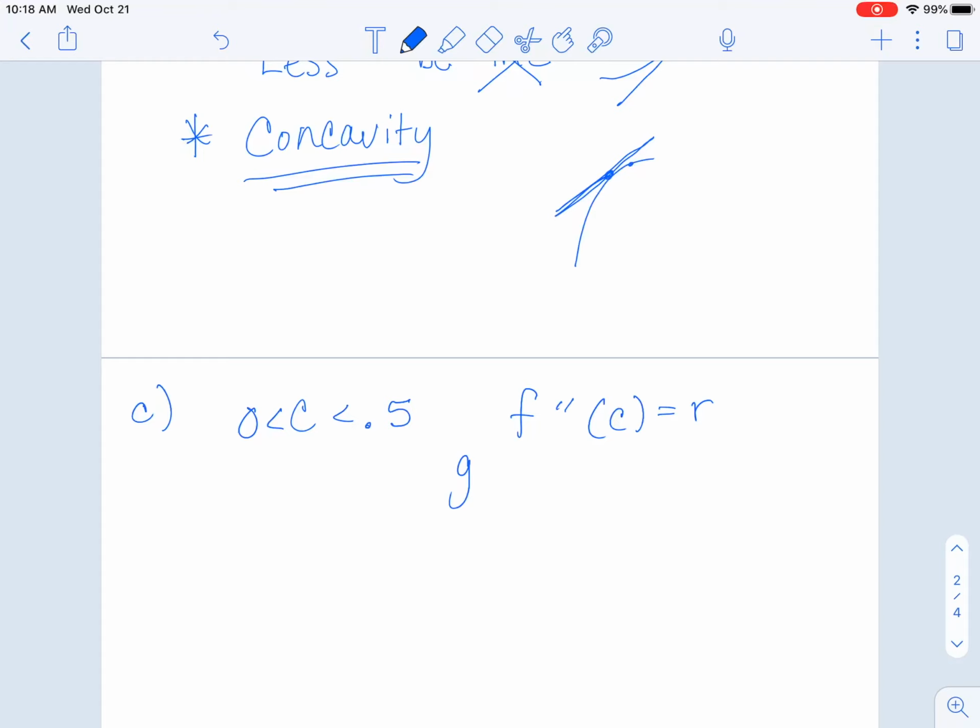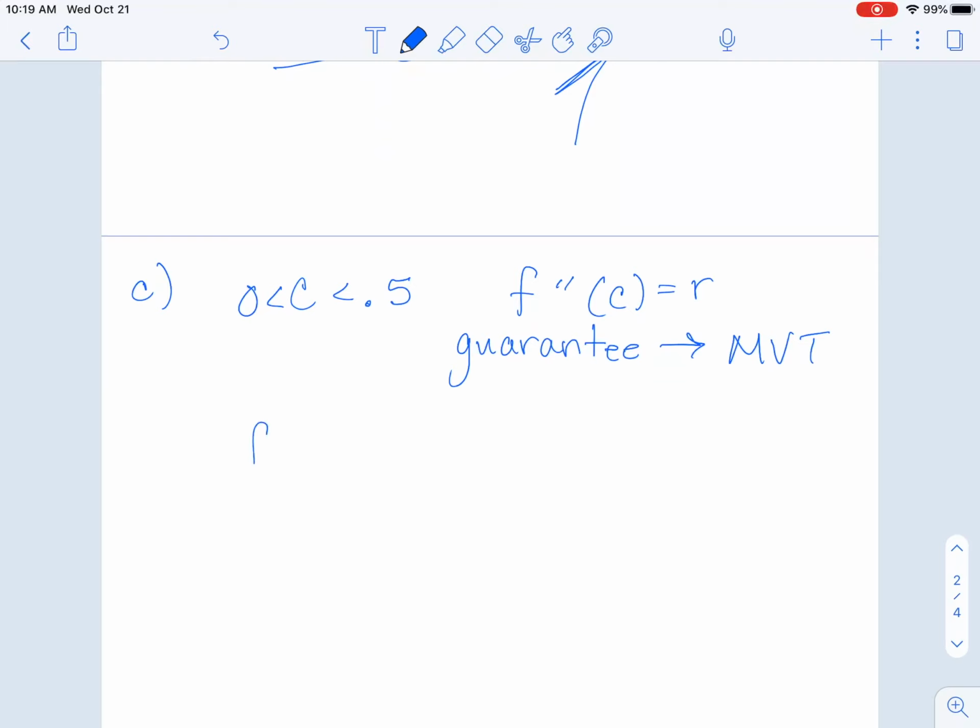If you are looking at any kind of guarantee, you have to think mean value theorem. Okay, so what they're saying is that f double prime of c better be, so that's the slope of the, or I should say that is the second derivative value, the instantaneous rate of change of the first derivative.